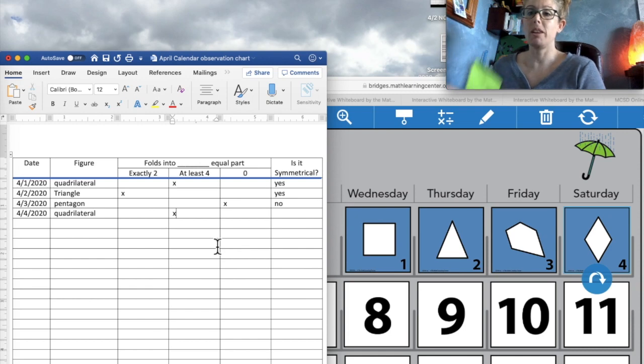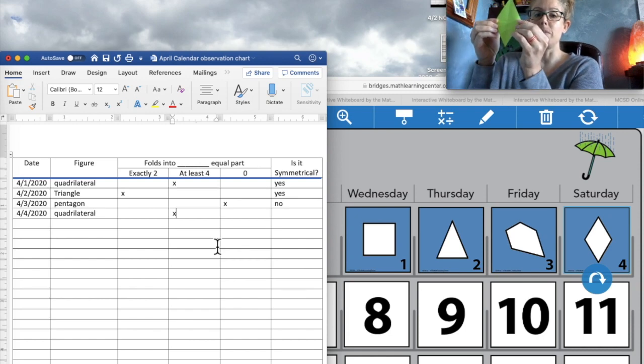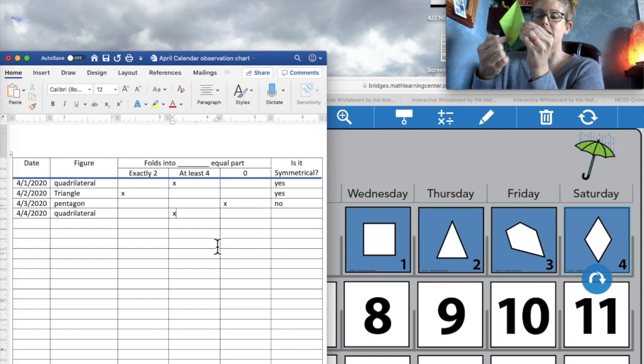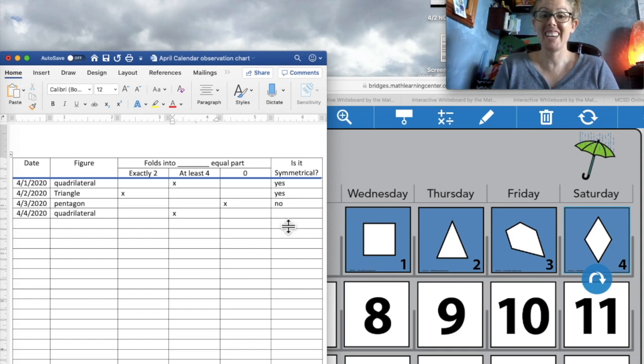Okay, knowing that we had those equal parts that we were folding it into, we do have some lines here that would have congruent shapes on both sides. So is our shape symmetrical? Yes, it is. Great job, boys and girls. It is symmetrical, so I'm going to put a yes there.